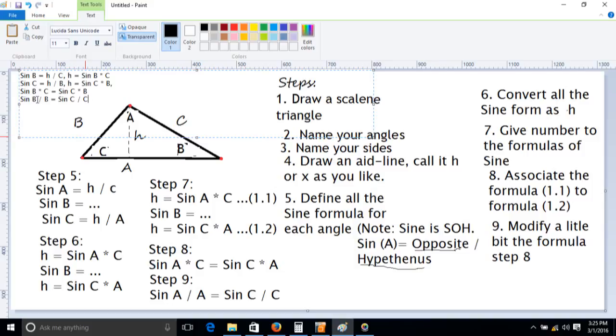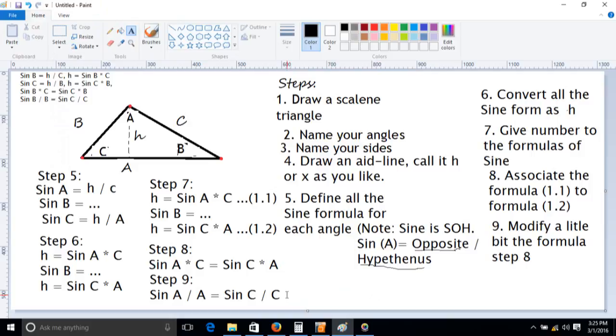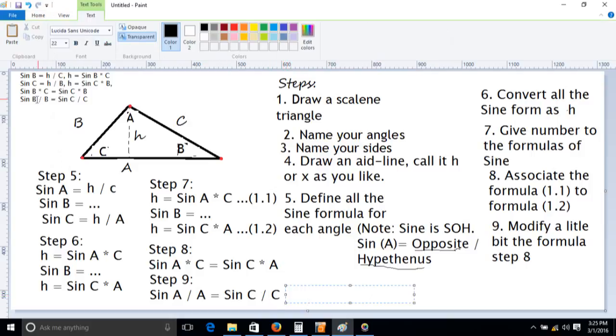So now we have sine B over b and sine C over c. We have a representative here for sine B over b in this formula. So we now have the complete formula: sine C over c is also equal to sine B over b.